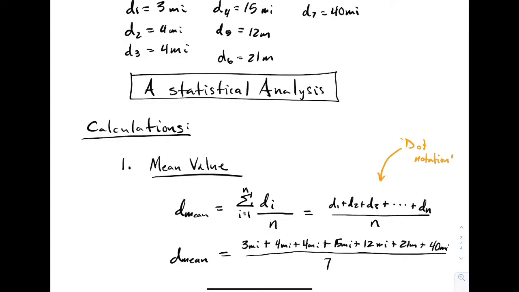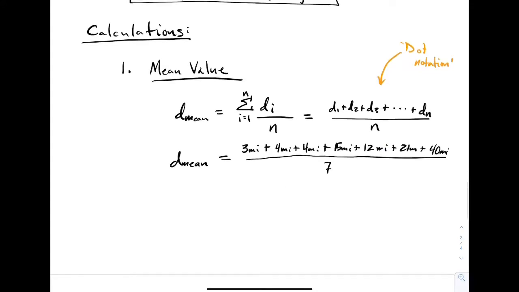And this is divided by the 7, the total. I didn't use dot notation this time, so d mean equals, and so we're going to go ahead and just put the answer in. I think it would be 99 over 7, but I think we would get 14.142857143, and so on.